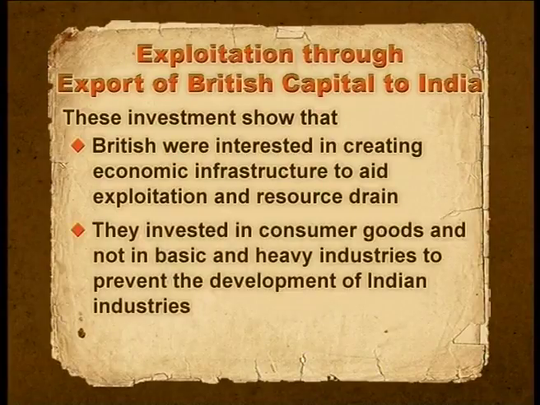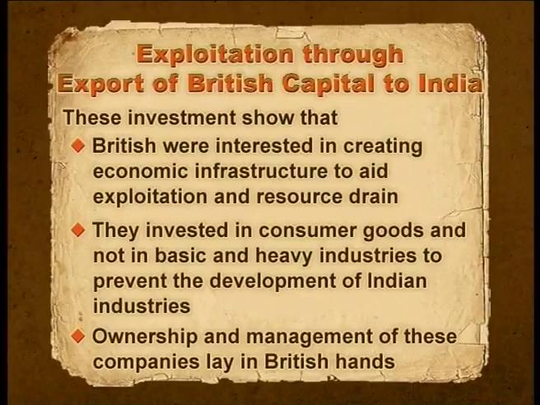They invested in consumer goods and not basic heavy industries, and ultimately the ownership and management of these companies were in British hands. Only small services like clerical posts or other menial jobs were given to Indians, but ultimately the whole management and ownership was vested in the hands of the British companies.